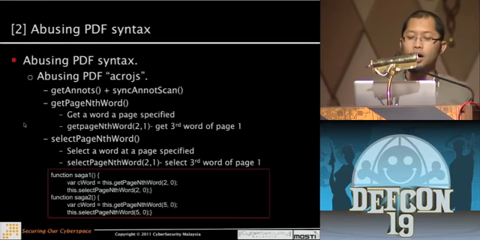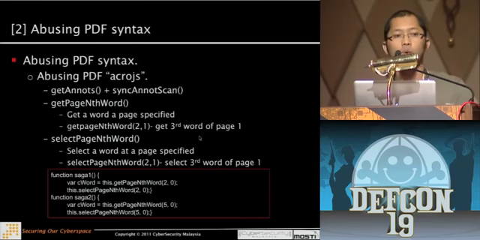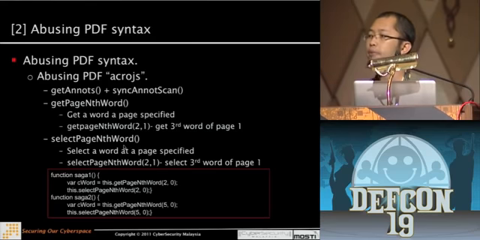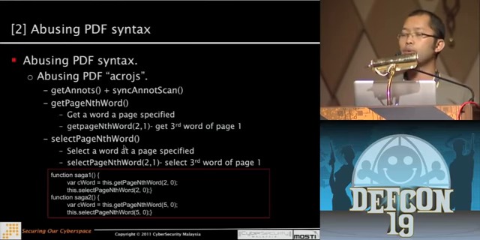This one basically tries to get a word on a specific page, and getPageNthWord with 1 is basically getting the second word of page 1, for example. And then you can select based on page as well. So this is pretty much normally implemented with obfuscation in PDFs. For example, this is one of the functions. You can see this one, like getPageNumWords, and this selects the page number or something.